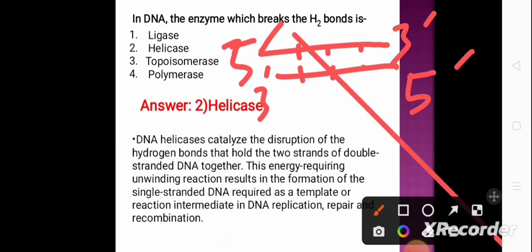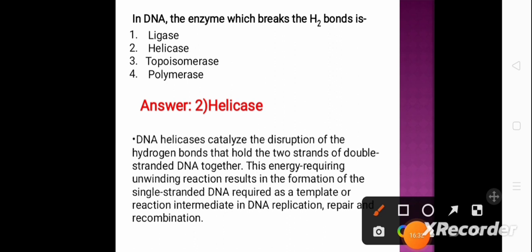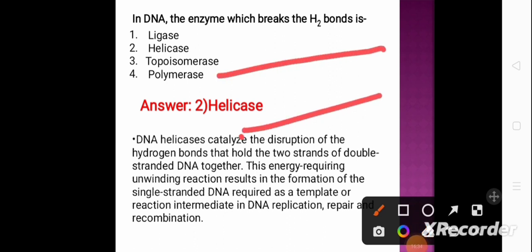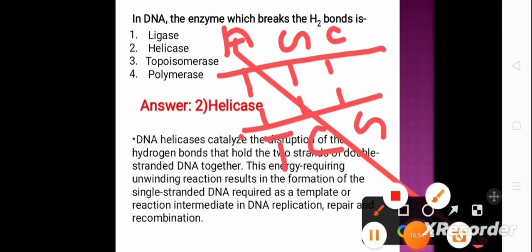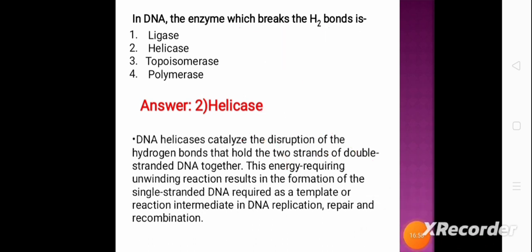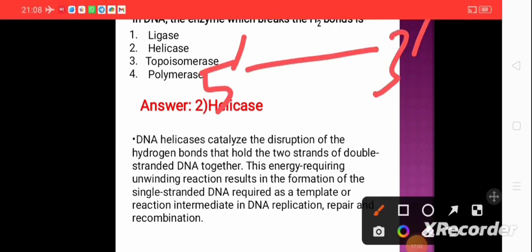Suppose this is A, this is T, this is G, this is C, this is C, this is G. This is the 5' end, this is the 3' end.